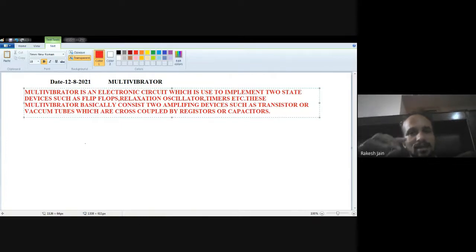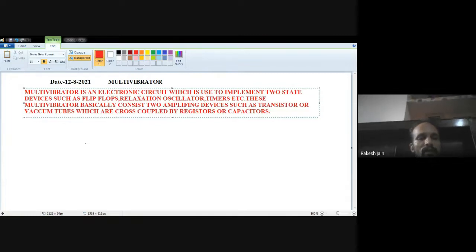They are connected either by capacitors, like in an astable multivibrator, or one side with a capacitor and one side with a resistor, like in a monostable multivibrator, or by a parallel combination of resistor and capacitor, like in a bistable multivibrator, as you will see later on. So that is the basic circuitry of those multivibrators.